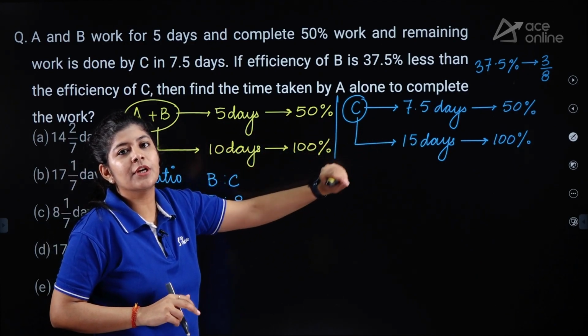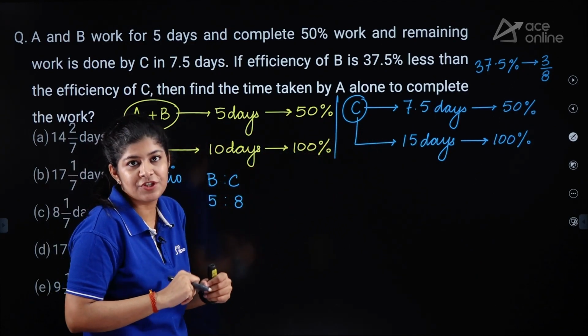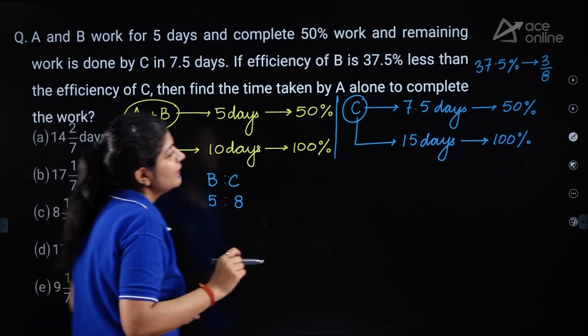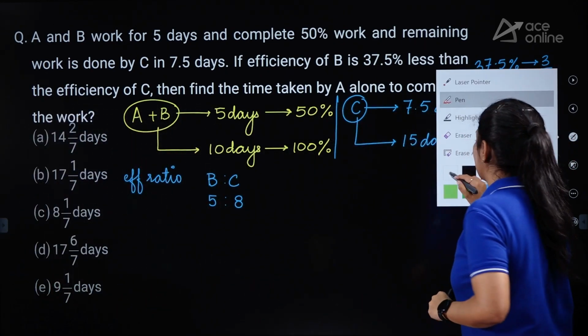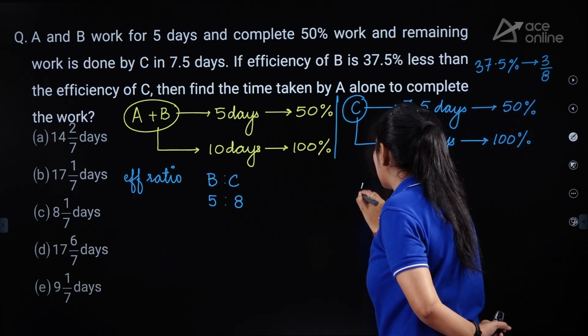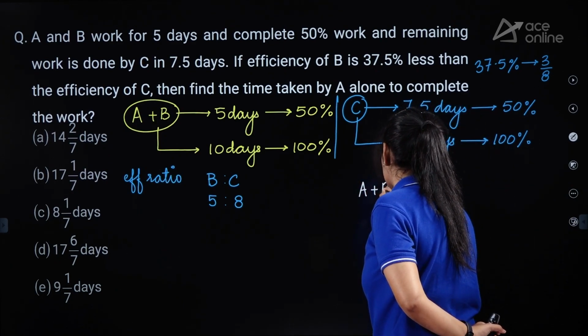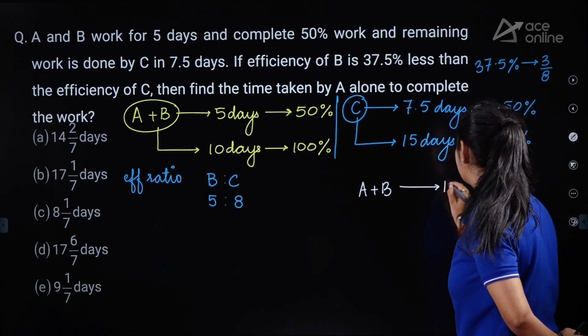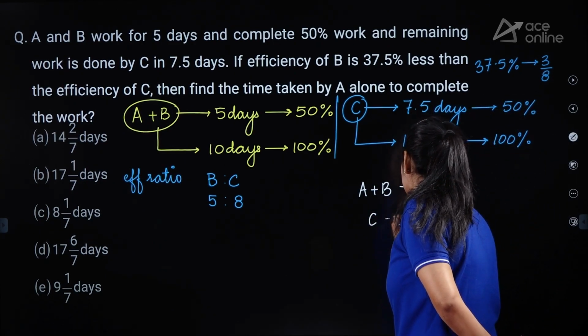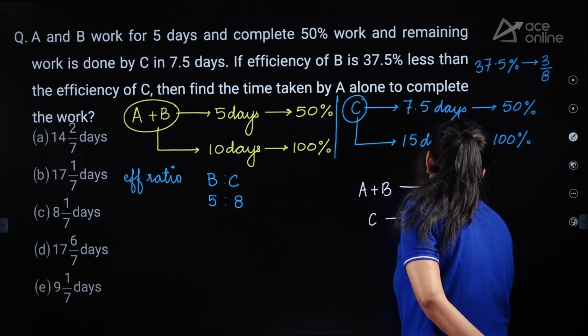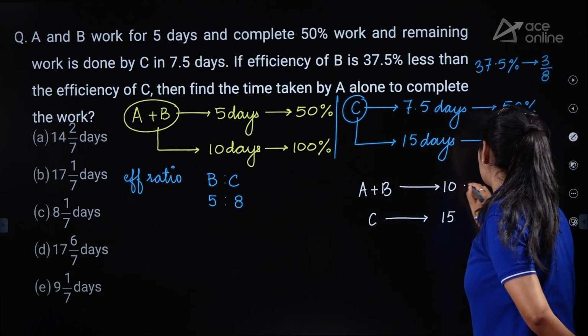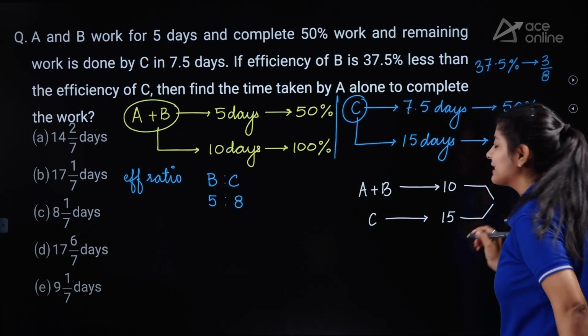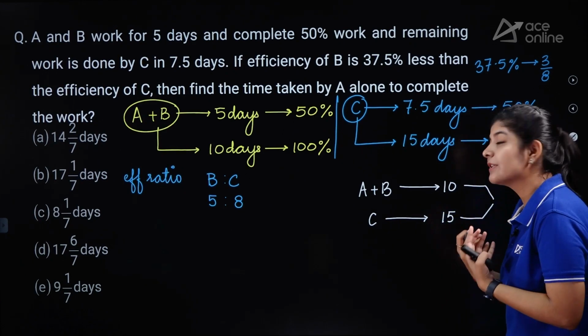Okay. Now, with the help of this data, first we are able to determine the actual efficiencies that we are having. So we can say that A plus B combined can do some work in 10 days, whereas C is able to do the same work in 15 days, right? So from this, by taking the LCM, we are taking the assumed work.